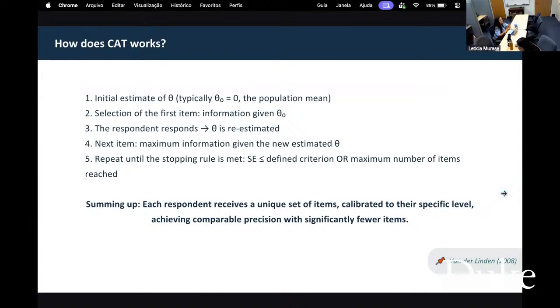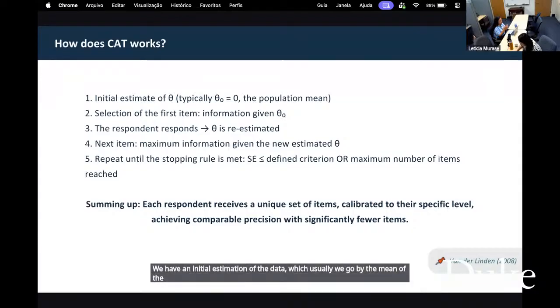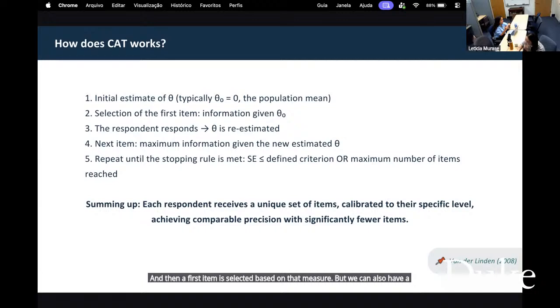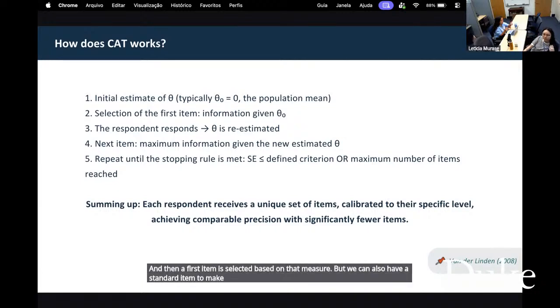So how does computerized adaptive testing work? We have an initial estimation of the ability, which usually goes by the mean of the population we measure. Then a first item is selected based on that measure, but we can also have a standard item to make this initial estimation.